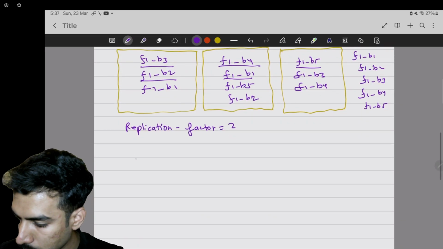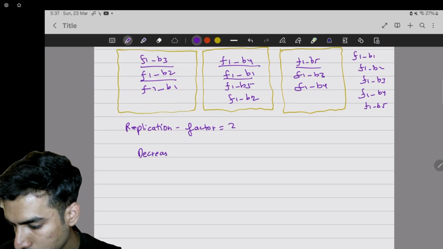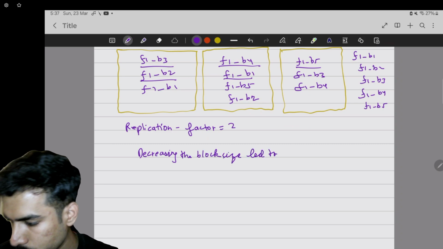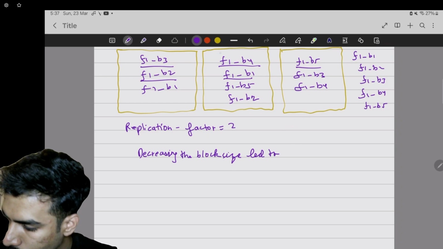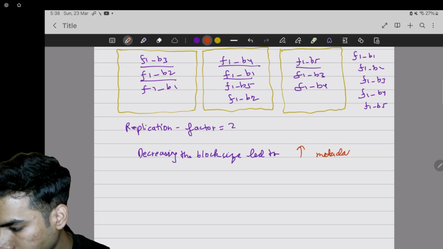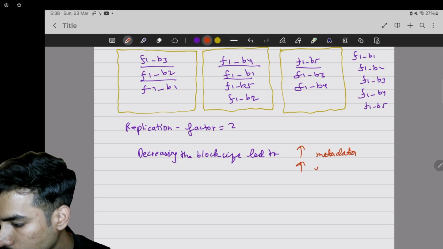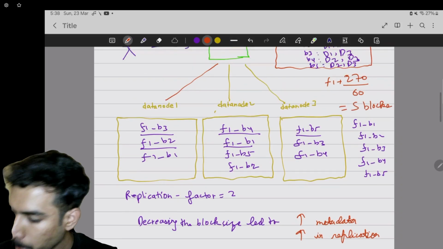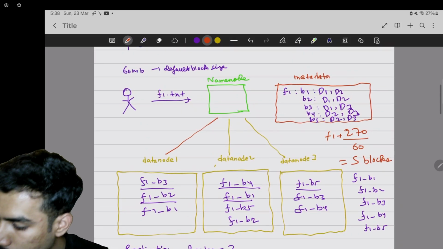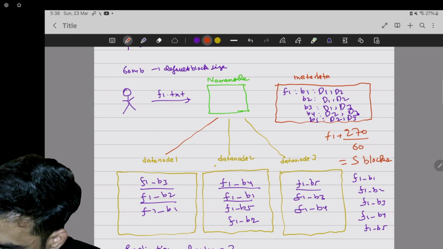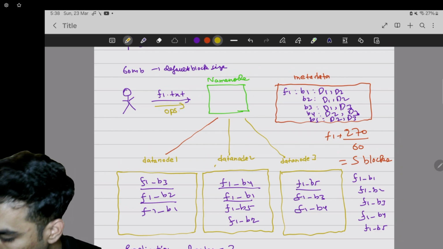Now decreasing the block size led to an increase in metadata plus an increase in replication. Now for each replication, when there is some task like a read or write, first the operation would be passed from the client to the name node.